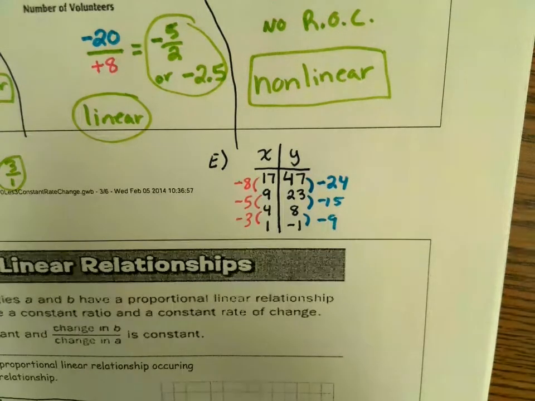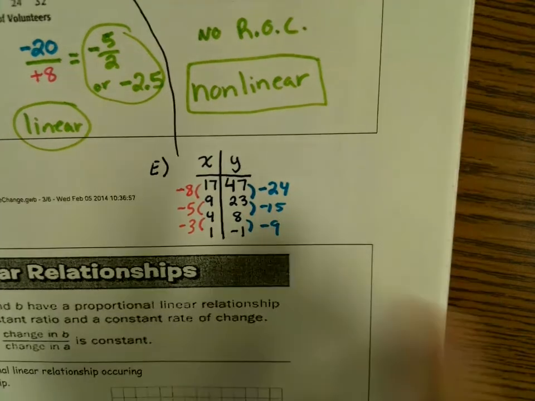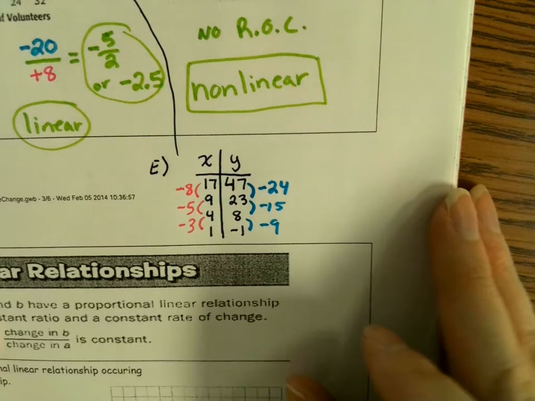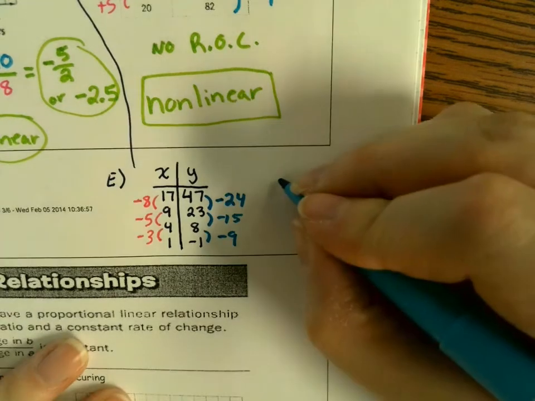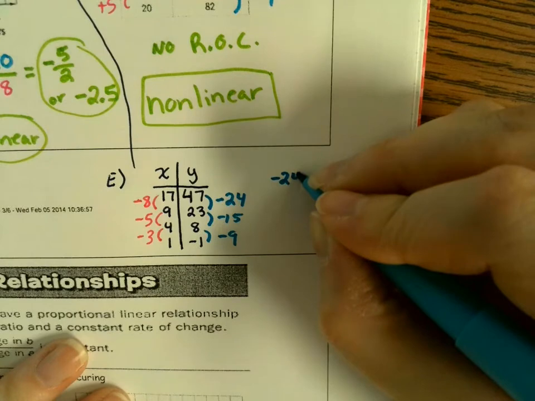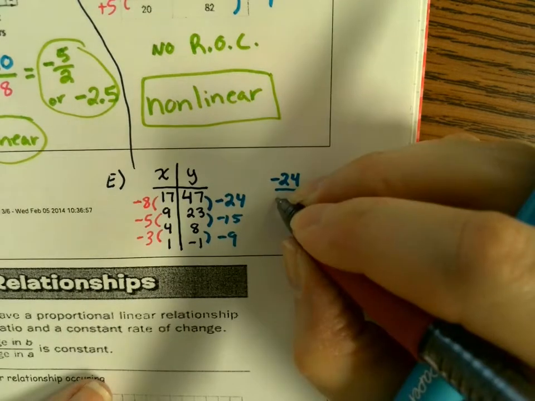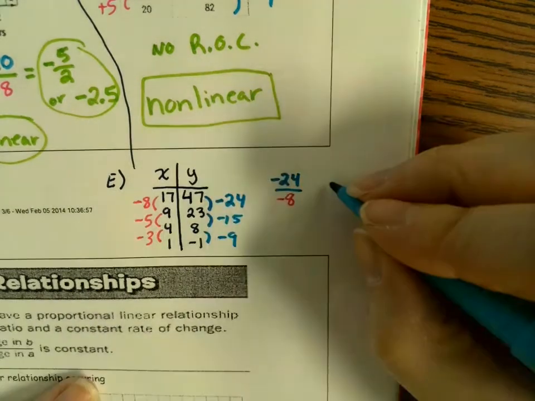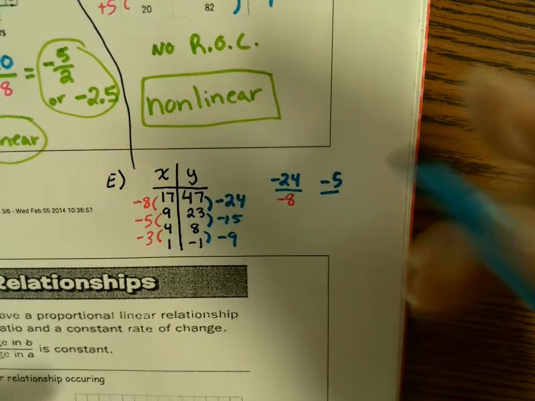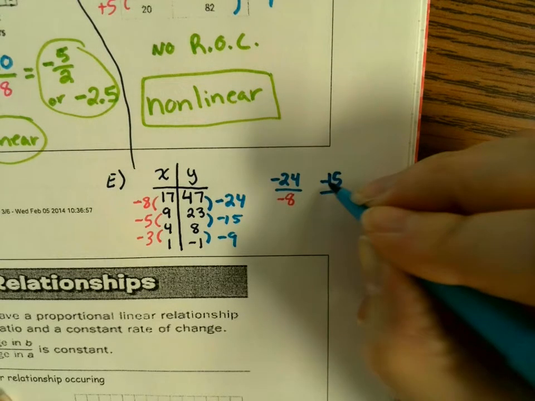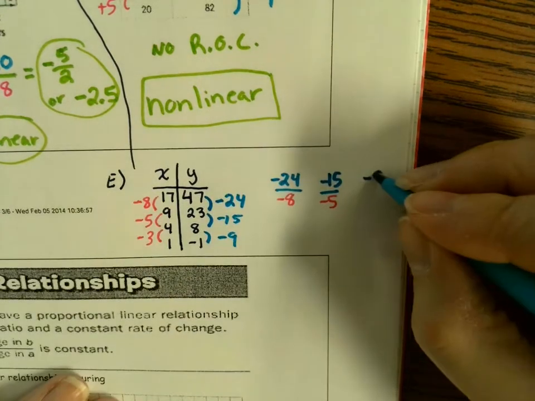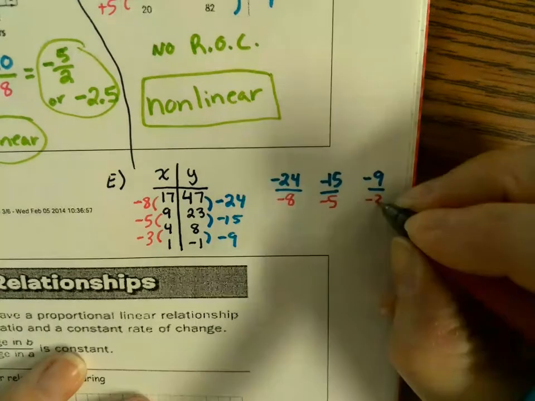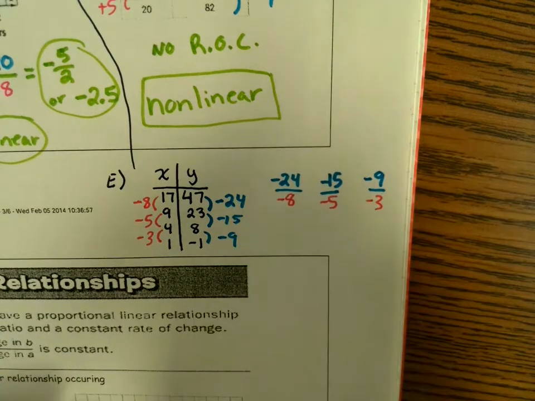So again, there isn't much consistency on both ends. However, when we look at them in a format of equivalence, when we set it up as negative 24 over negative 8, and negative 15 over negative 5, and negative 9 over negative 3, each one of these is equivalent to each other.